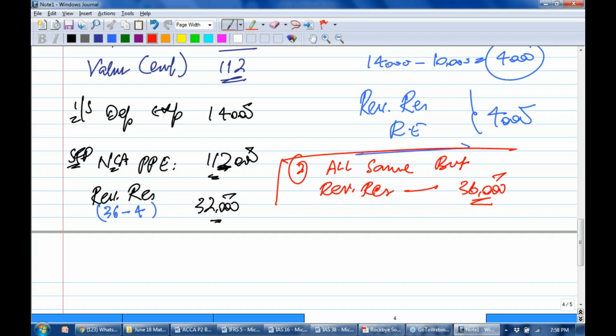If carrying amount is greater than recoverable amount, then we have to impair the asset. Number two, once we impair the asset and it has some revaluation reserve, we will make the impairment adjustment with the revaluation reserve. That's all.